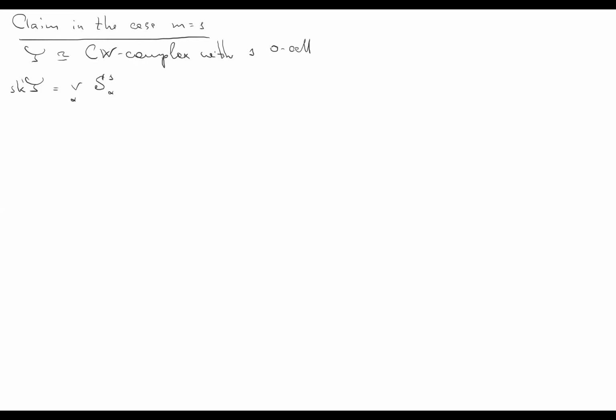We know that pi_1 of Y is 0. So I guess the identity maps of all of the S^1_alpha into Y have to be null homotopic. So we have this map and it is null homotopic.